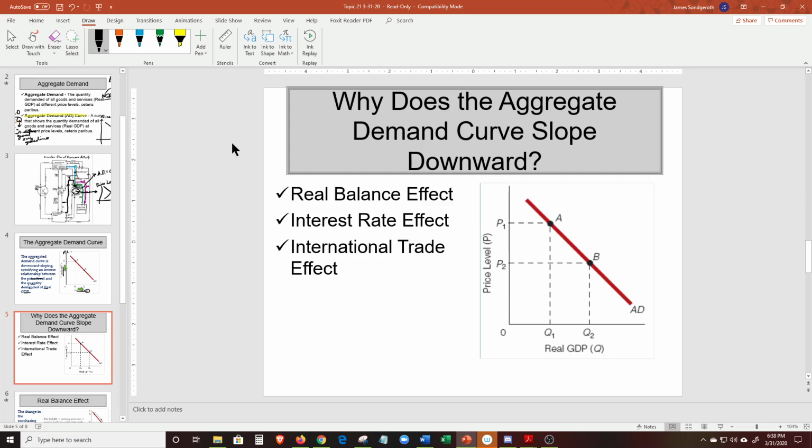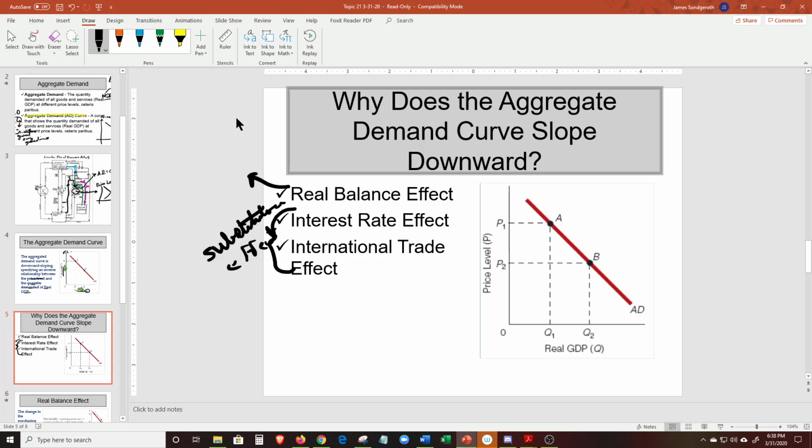And so the rest of the lecture is taken up with the real balance effect, the interest rate effect, and the international trade effect. And basically, these two are very similar to the substitution effect.